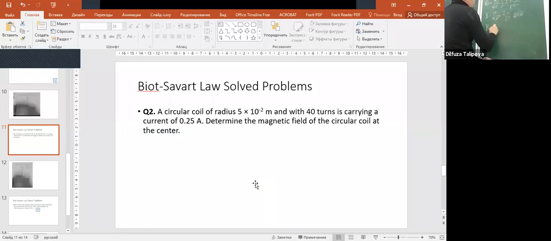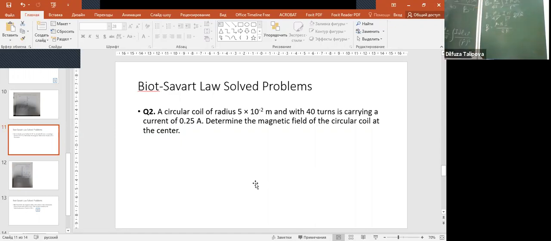So B is equal to mu 0 multiplied by the number of turns multiplied by I divided by 2r. Here only 2 pi are cancelled, r, mu 0, and okay.